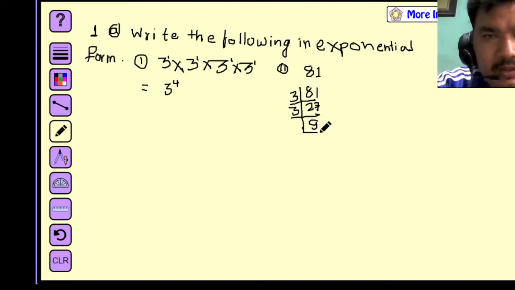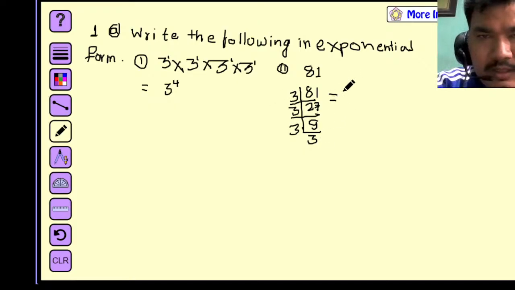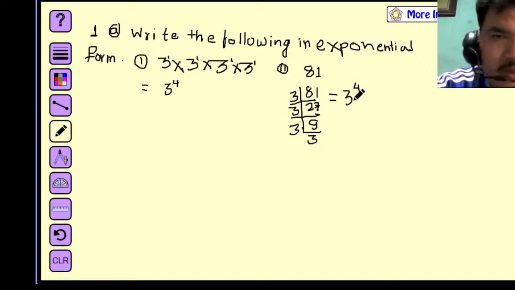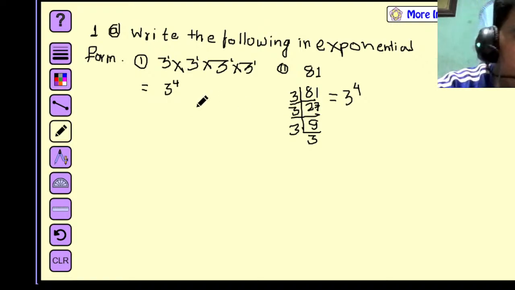Then again we can divide by 3, 9, and again 3, 3. Then count 1, 2, 3, 4, that is 3 to the power 4, because there are 3 into 3 into 3 into 3. That means 3 to the power 4. This is 81 expressed in exponential form.